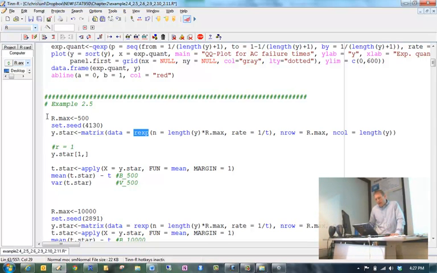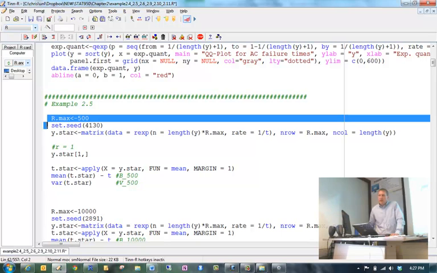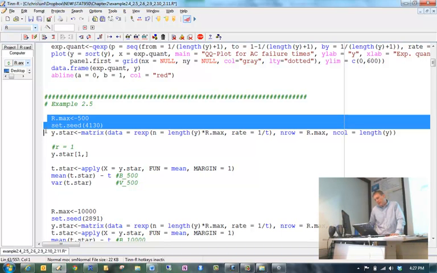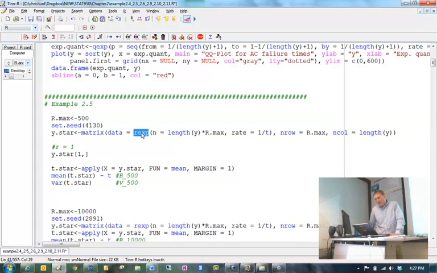So I'm going to set my R to be 500. You'll see why I have R.max versus just calling it R. We'll see why later. Set a seed so I can reproduce the result. Use the rexp function to actually take my resamples. So notice I'm taking N times R resamples. Remember how R parameterizes the exponential distribution. It actually uses 1 over mu, which is different from our book.